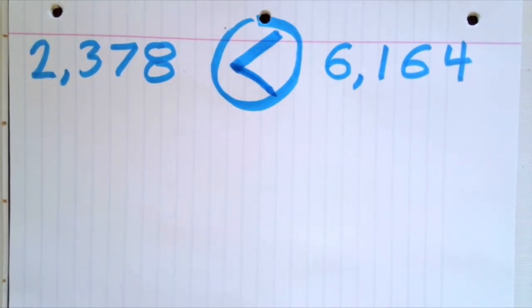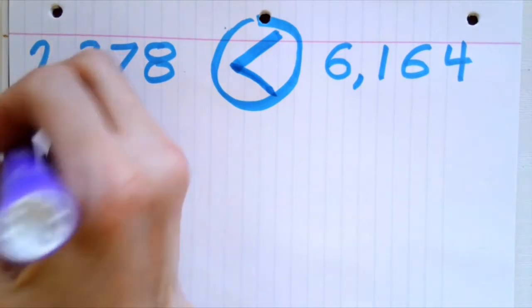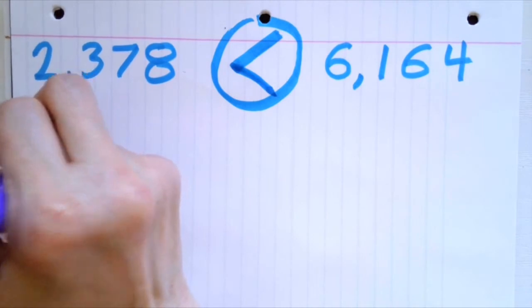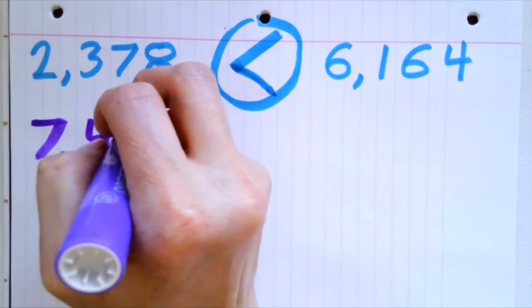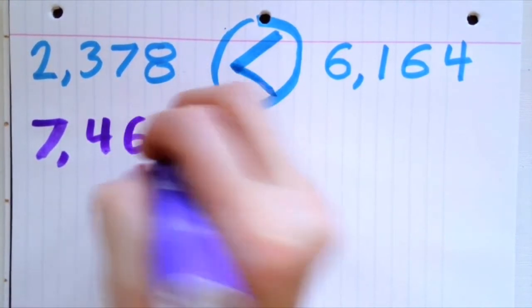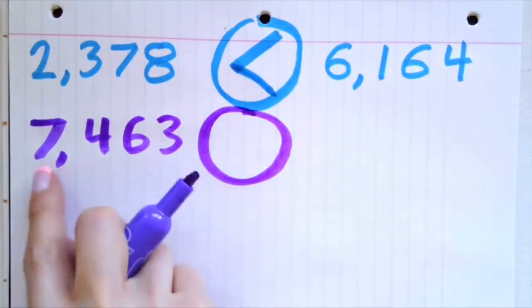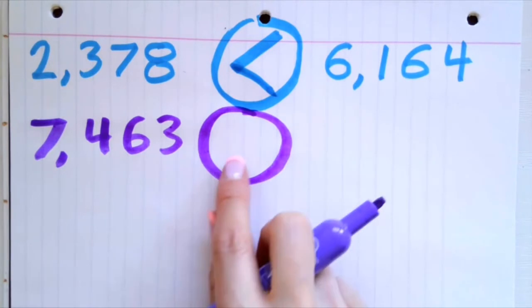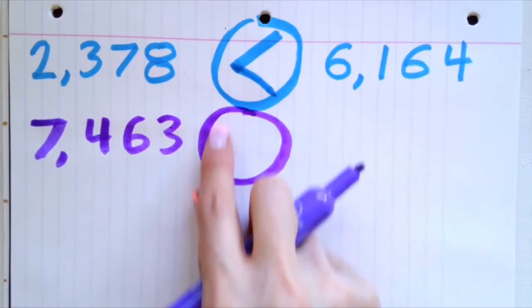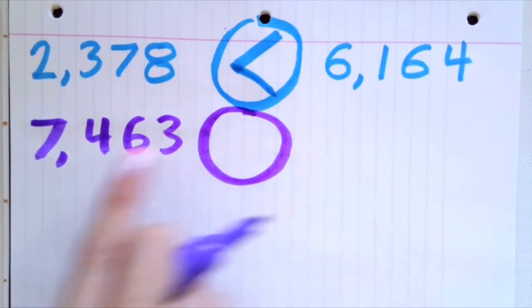Let's try another one. I drew a number and I drew that big empty circle, making it much bigger than the number so I know it's not a 0.